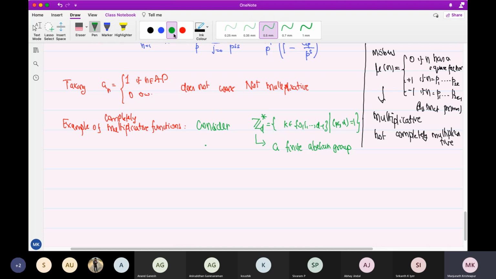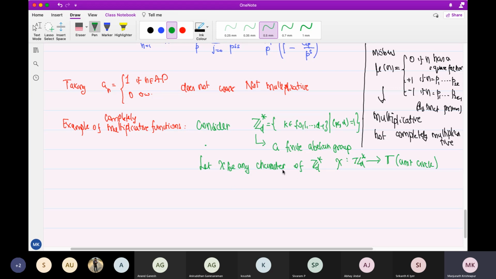I will write down examples so that people who want to keep in mind some explicit examples can do so. But for now, just abstractly, let chi be any character of Z_d star. So chi is a homomorphism from Z_d star to the unit circle in the complex plane.